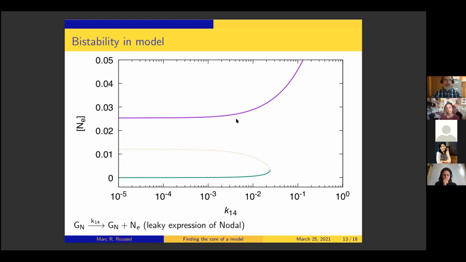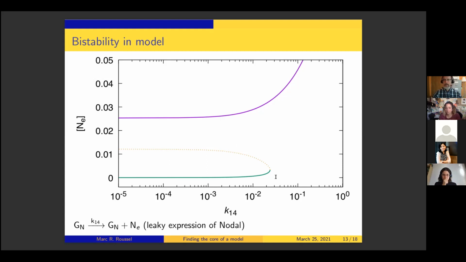If this was a 2-dimensional model, it would act as what's called the separatrix between getting to the lower steady state versus the upper steady state. But this is a multi-dimensional model, so it's a little more complicated geometrically. In any event, you get bistability, but if the leak is too large, you don't, which is not a big surprise, because then you lose control of nodal.